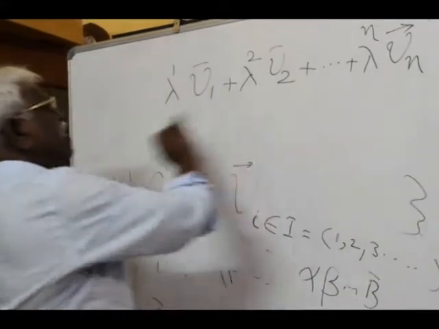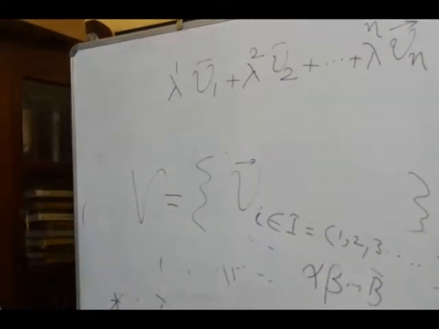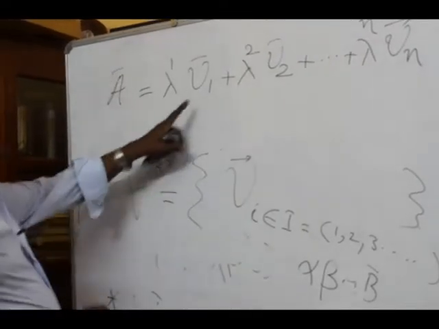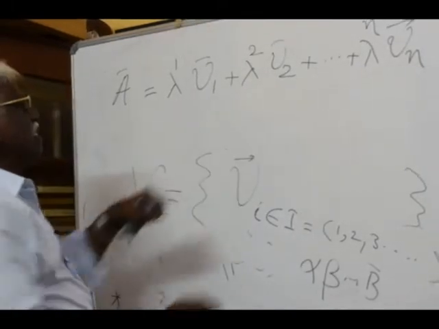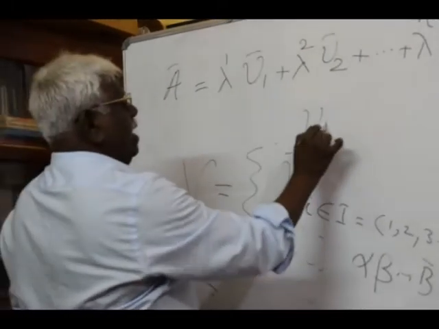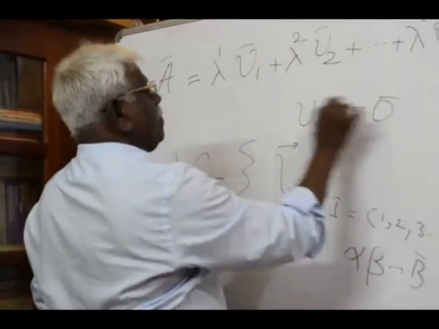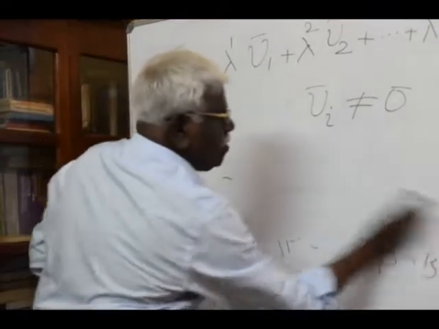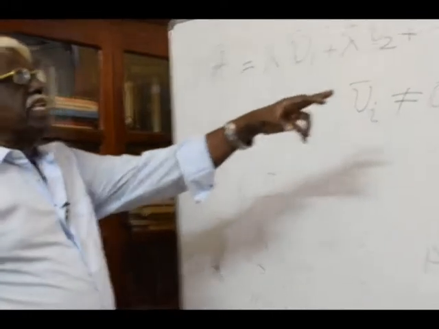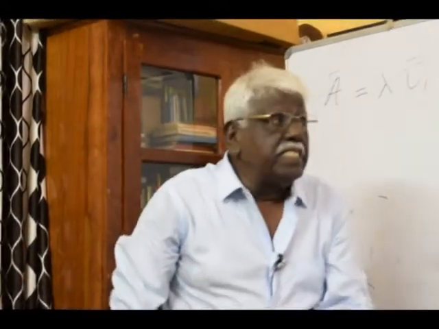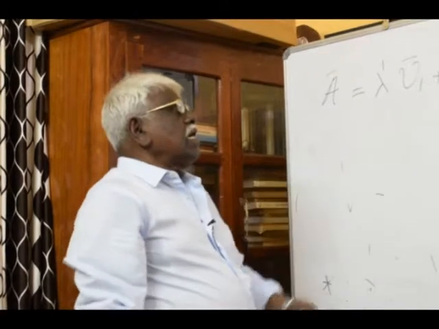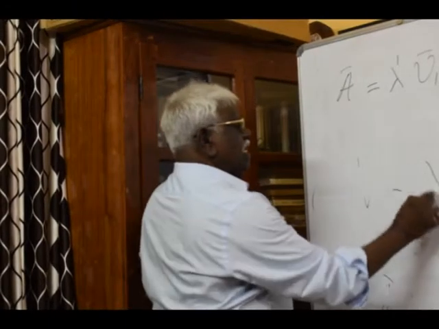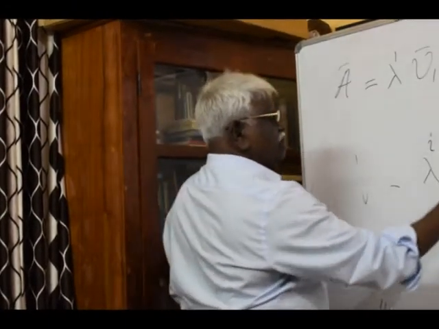Construct this mathematical object and call it vector A. Here these are all non-zero vectors, that is, v_i is not equal to the zero vector, v1, v2, v3, vn etc. are non-zero vectors, and the lambda i's are real scalars, that is, lambda i belongs to the real field.